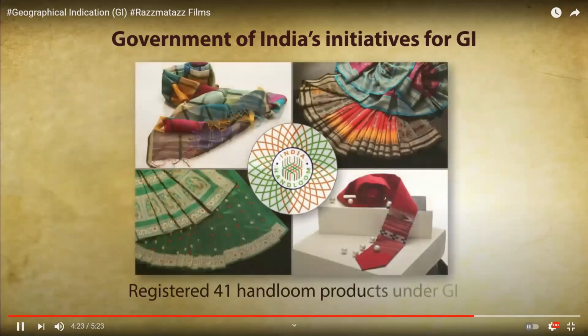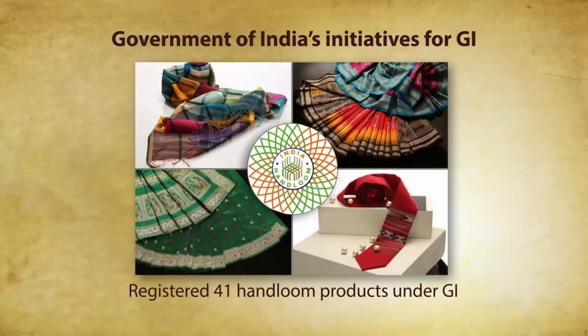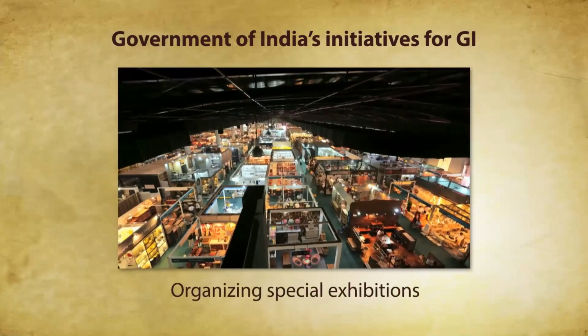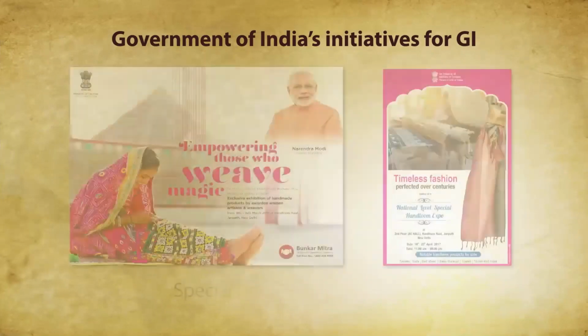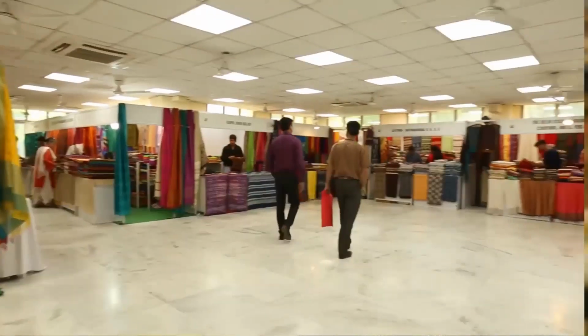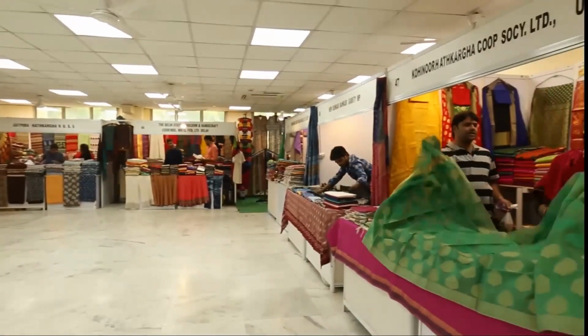The brand has already covered 41 handloom products registered under GI, which are being proactively promoted by the Ministry of Textiles. The ministry also organizes special exhibitions for GI registered products and undertakes special marketing campaigns. Artisans and weavers with GI products are given preferences in all exhibitions.